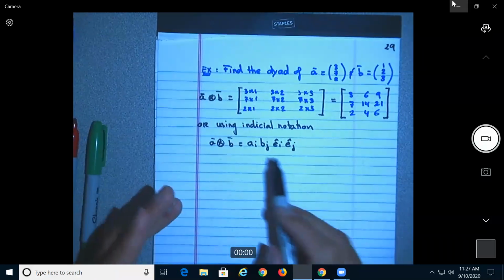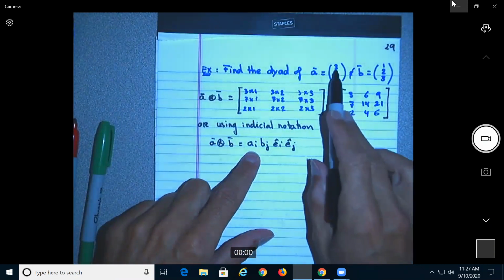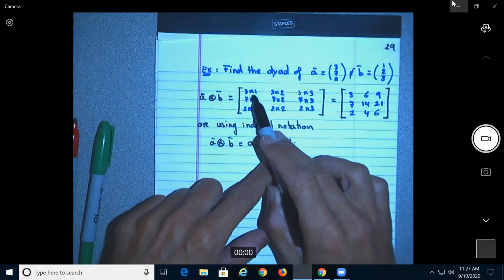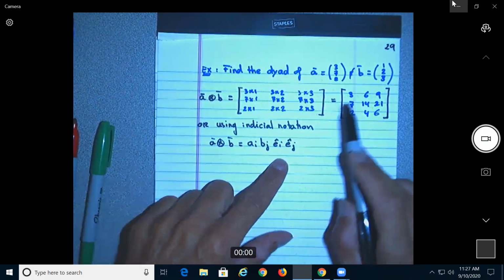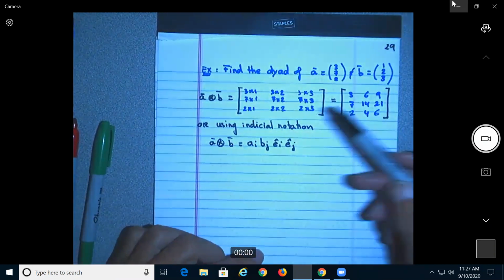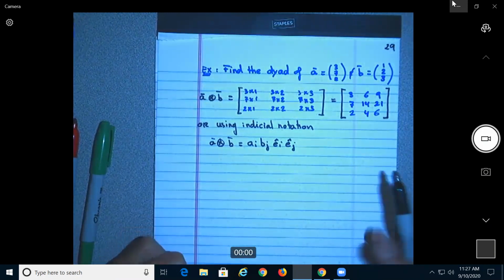So if you look at it, we're not going to do it, but this would be A1, B1, e1, e1, so it will be 3 times 1. We can go through all of them and we'll have the 9 components, as we did before.